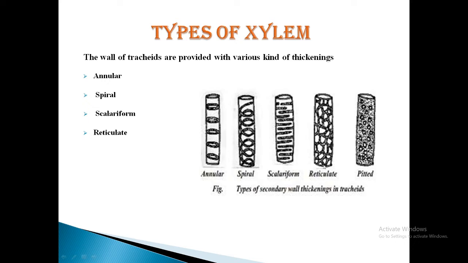Network-like thickening is known as reticulate thickening in tracheids, and the dotted thickening is the pitted thickening in tracheids. In angiosperms, they are associated with vessels, but in gymnosperms and pteridophytes, they form the main bulk of xylem.